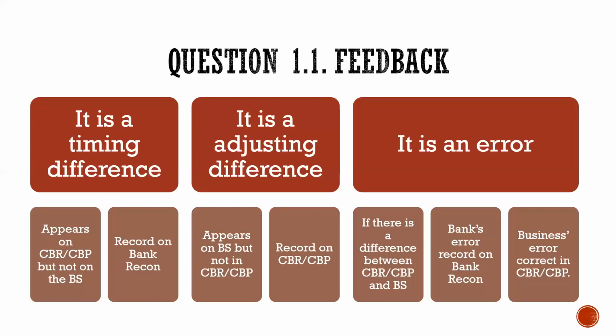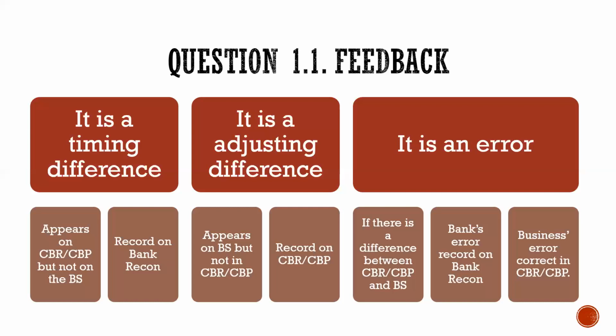Now with dishonored checks, a dishonored check is one I received from a debtor, but they didn't have sufficient funds, so that check did not actually clear. I did not physically receive the funds. Initially I would have recorded it in my cash book receipts journal.